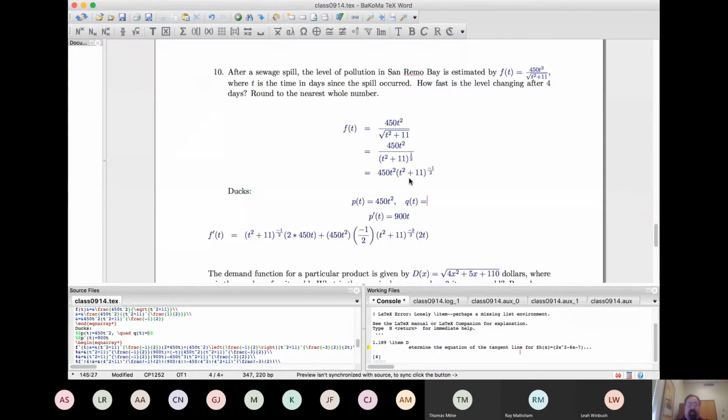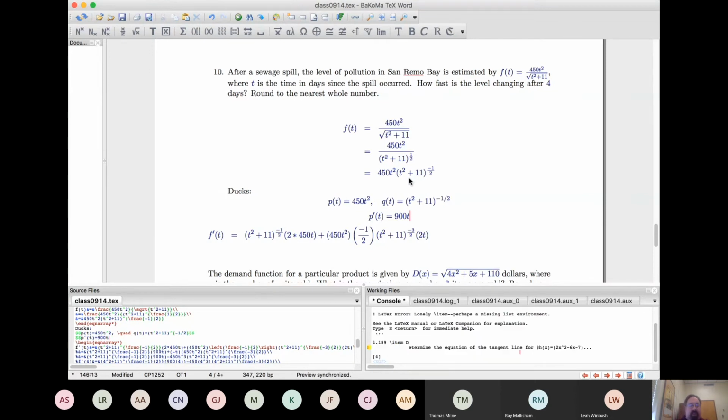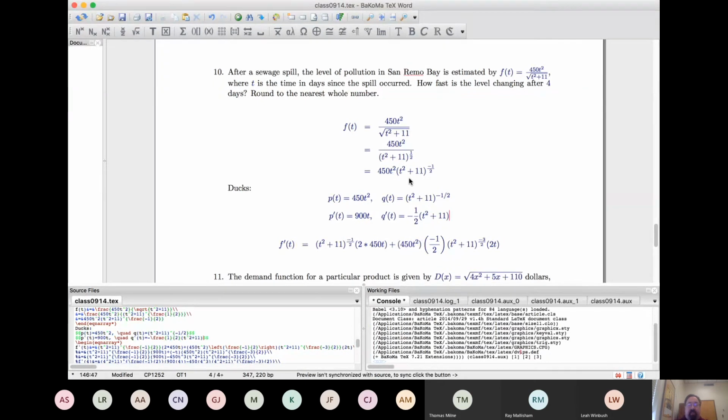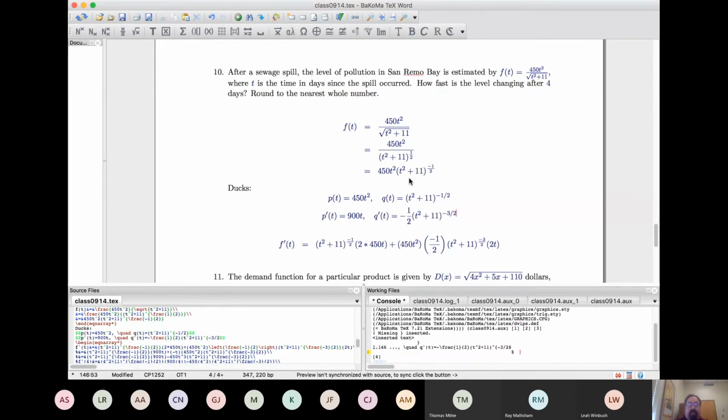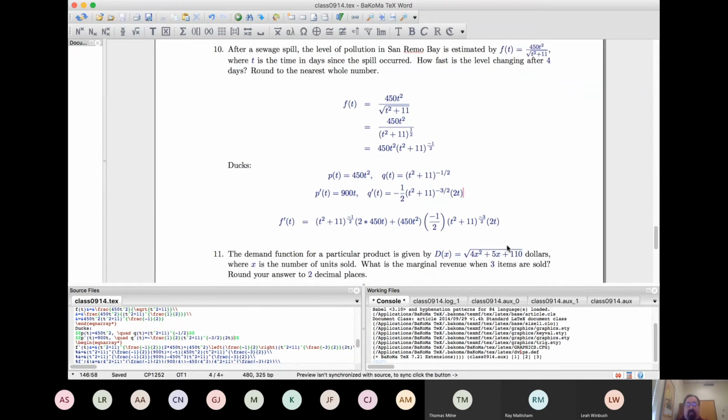So that'd be t squared plus 11 raised to the minus 1/2. And then its derivative is minus 1/2 t squared plus 11 raised to the minus 3/2, so you deduct 1. And then you have 2t, the derivative of t squared plus 11 that sits inside. Right. So now these are the 4 pieces that we put together to get the derivative.